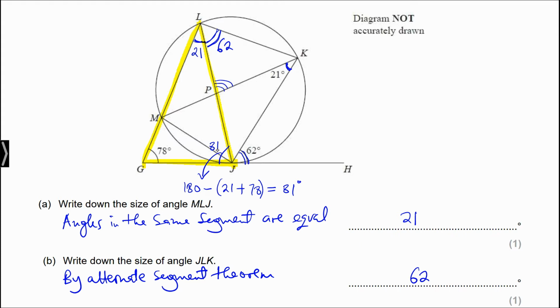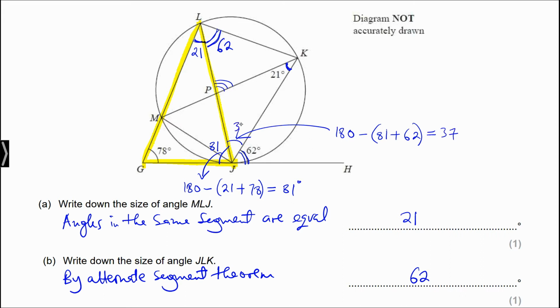Considering the straight line GJH, we can find this angle here as well. This angle will be equal to 180 minus (81 plus 62), and that will be equal to 37 degrees.